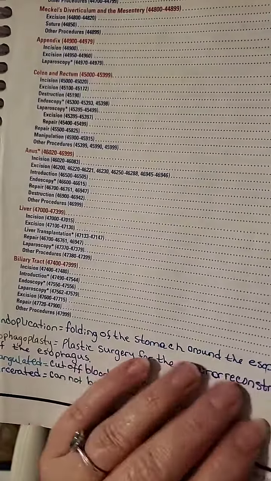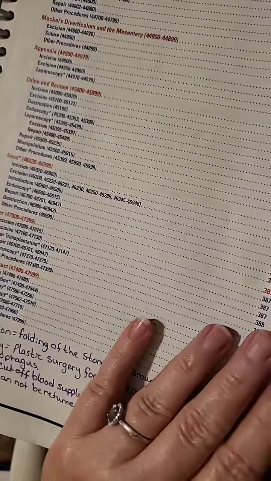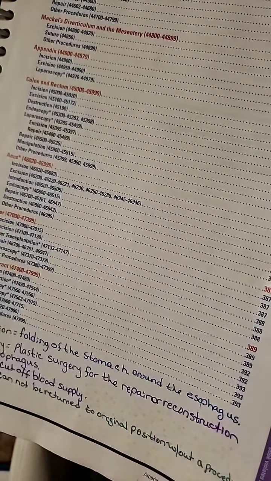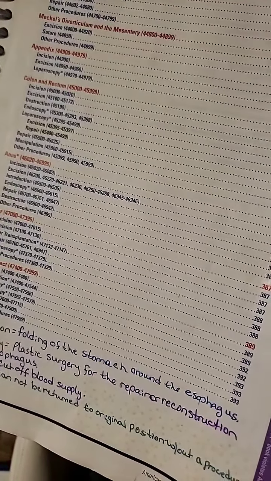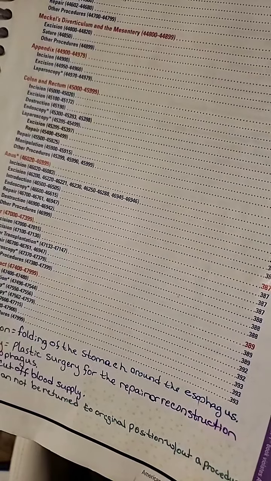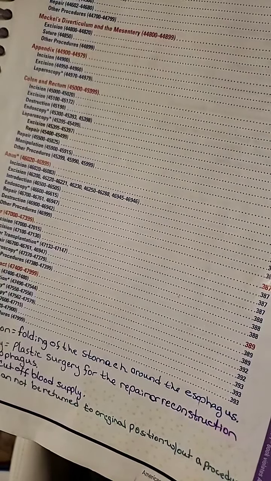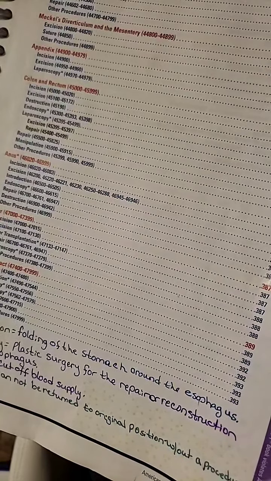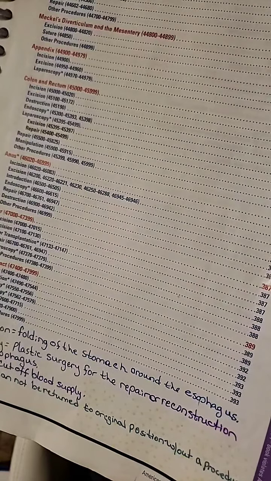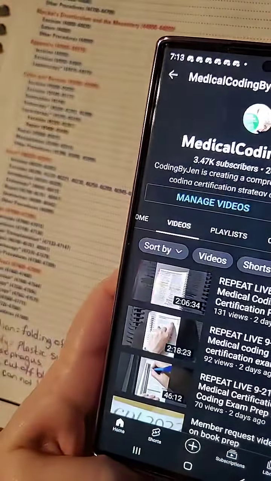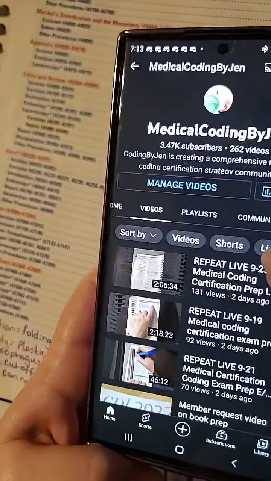There's like 270 of my repeat lives on there that are crazy. I also have on YouTube from last year, when I was going through the book code by code in the middle of the night, prepping the books. I have a lot of the medicine section, the lab and path, and some other sections under my live videos.